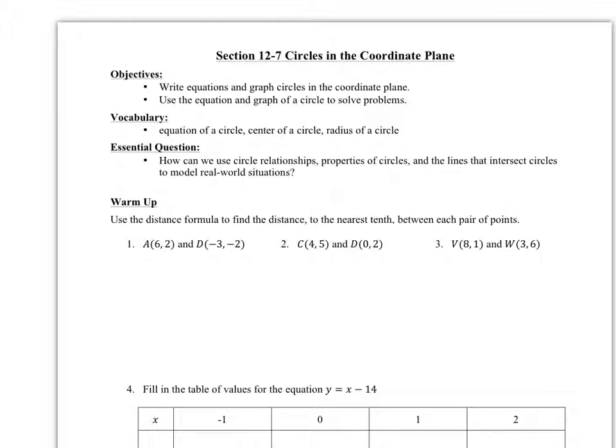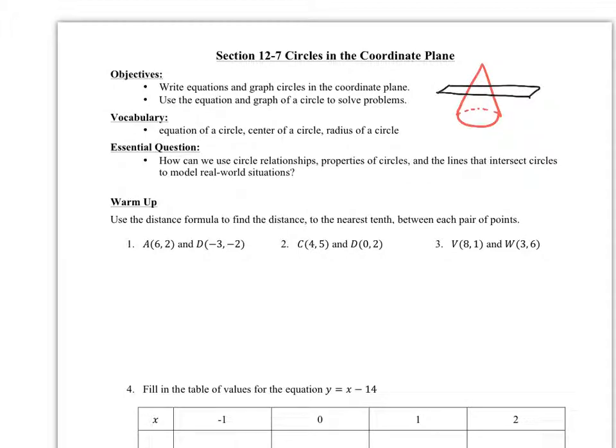This is a direct tie-in to what you're going to see in Algebra 2, where you're going to be talking about conic sections. Circles are one type of conic section. To give you a very brief understanding of what that means, imagine that we have a cone, and imagine that we have a plane that slices through the cone perpendicularly.